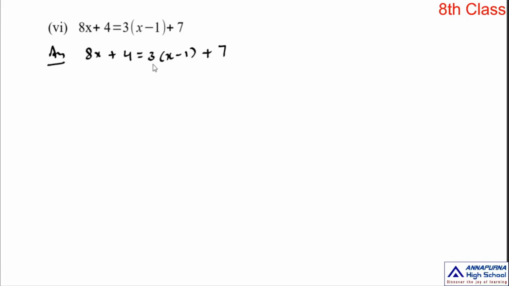On the right side part we also have two terms: 3 into x minus 1, which is one term in total, and 7, a constant term. But in the first term of the right side part there is a bracket. So first you remove that bracket and then we start the transposition process. That is the first step in our simplification.